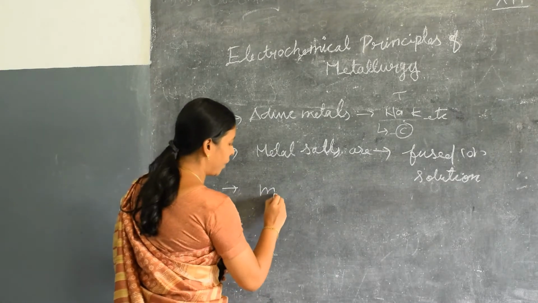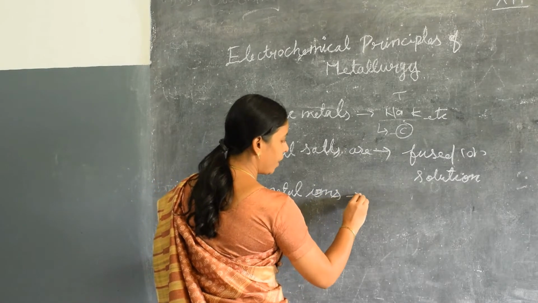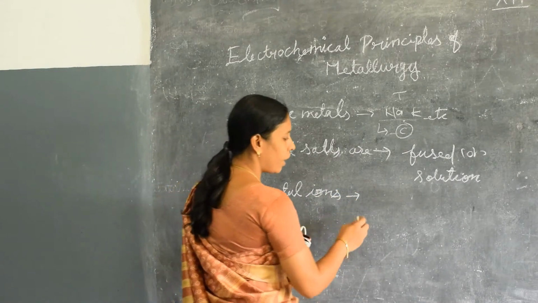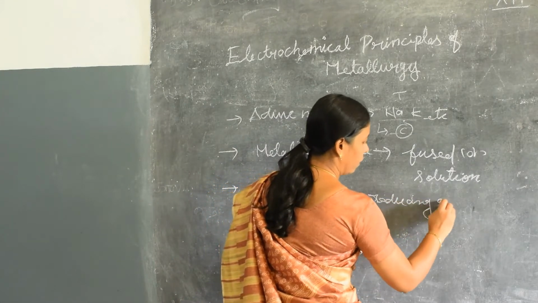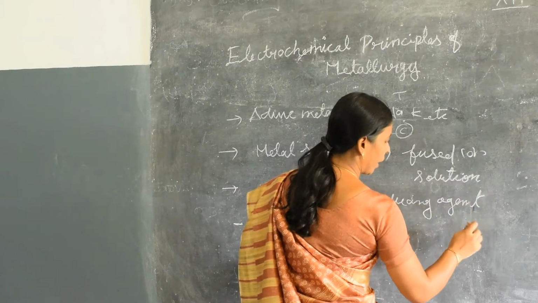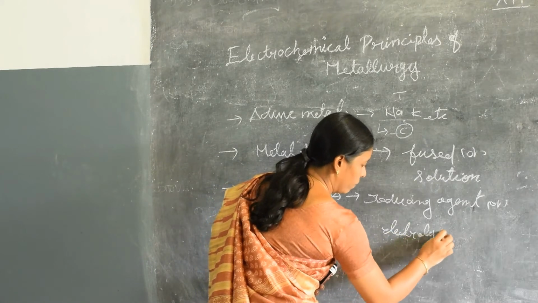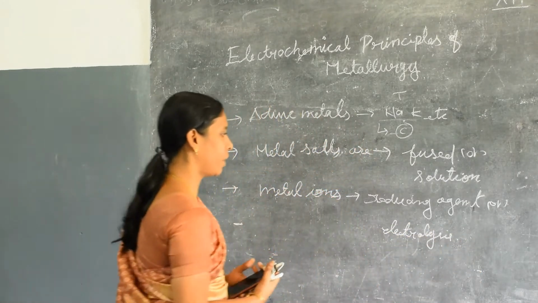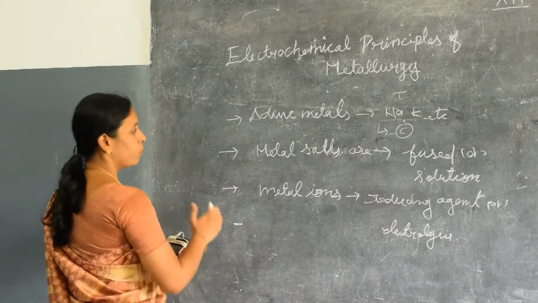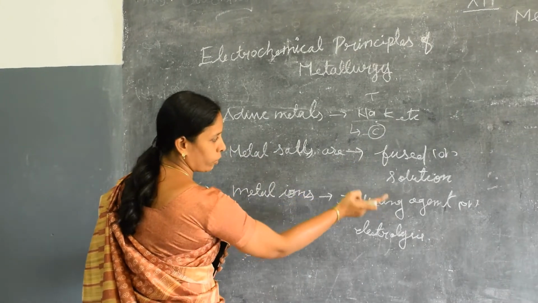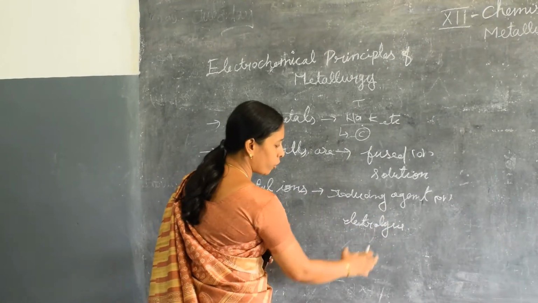So we can reduce either with a reducing agent or with a suitable electrolysis process. Metal salts are taken in fused form or solution form, and then the metal ions are reduced by using a reducing agent or electrolysis.